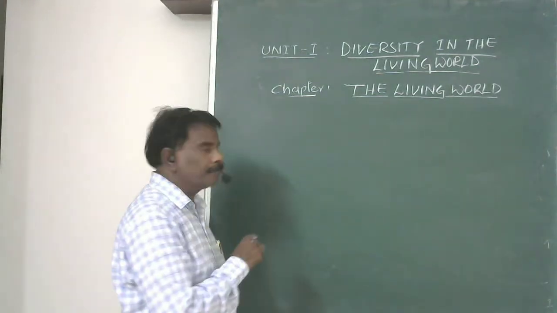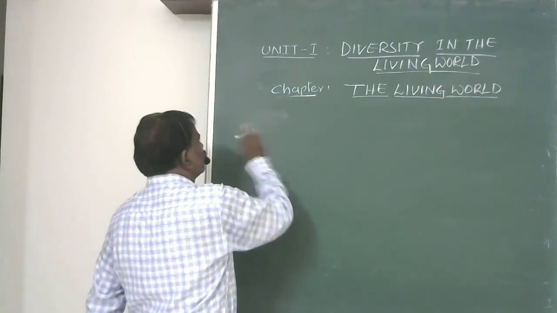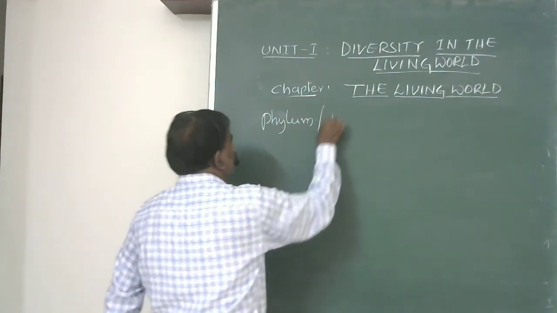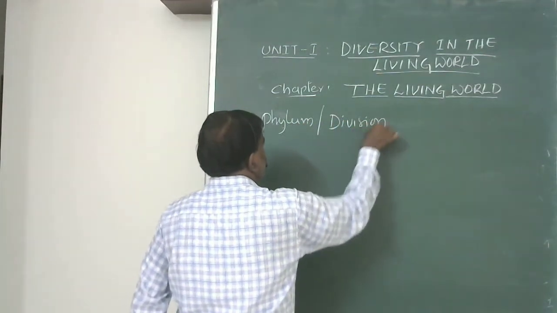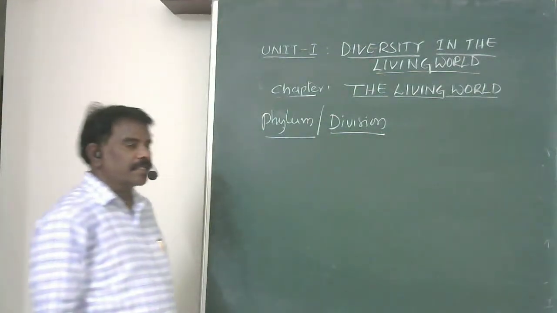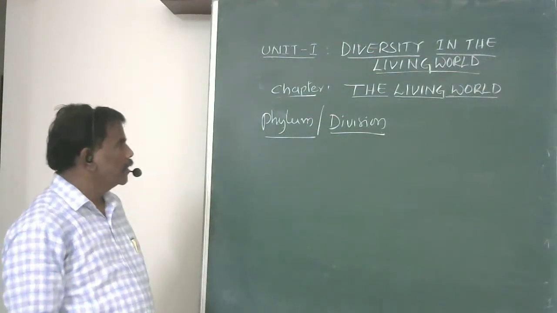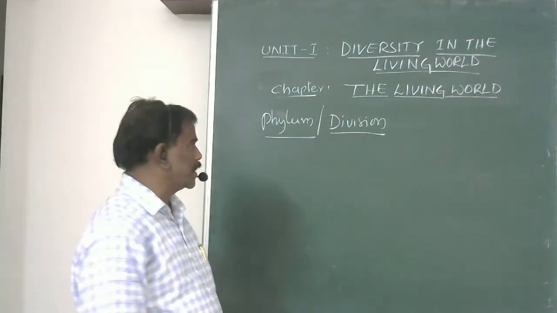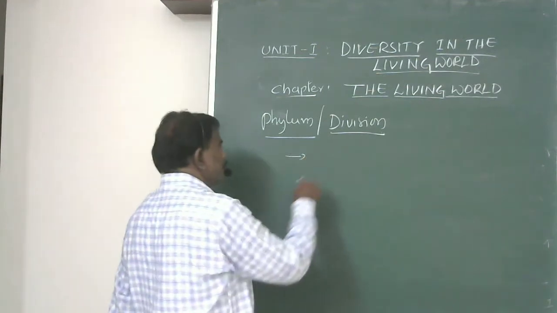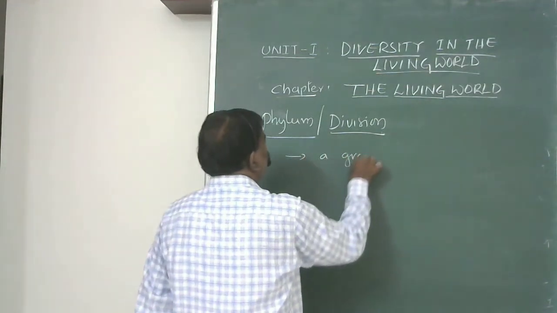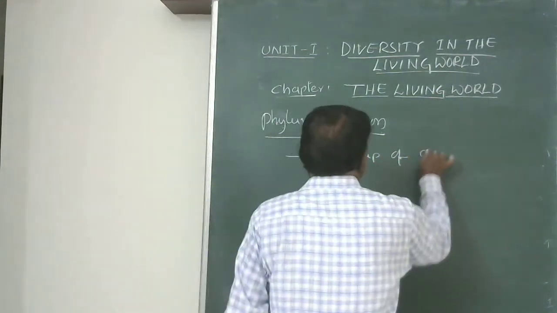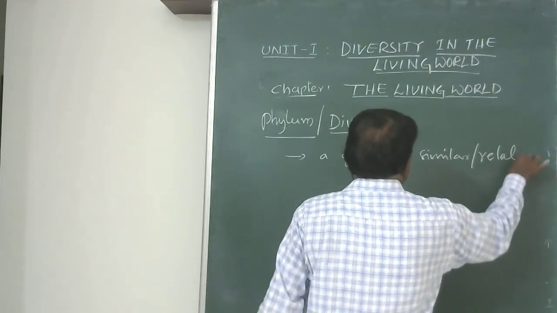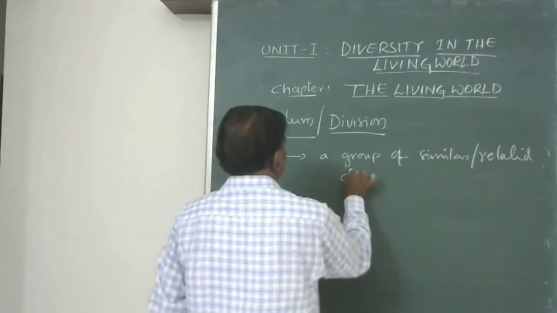Next one, phylum or division in the case of plants. In animals, the next category is phylum; in plants, the next category after class is division. What is this? It is a group of similar or related classes.